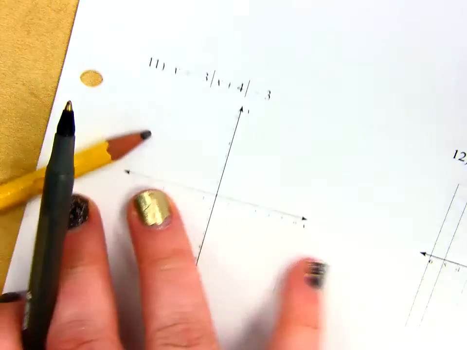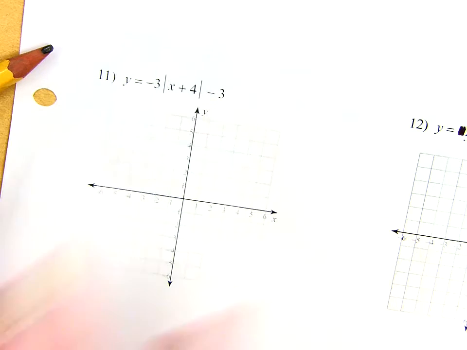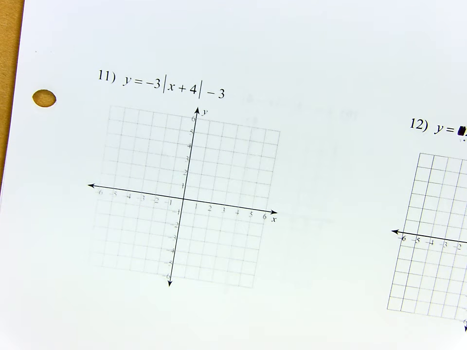All right, so go ahead and try 11 if you haven't done it yet. Leave it as it is. Where does my vertex go?